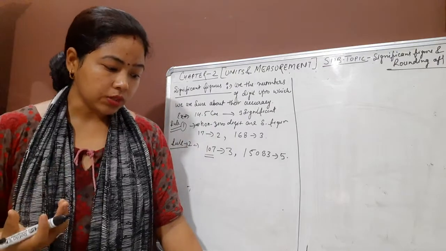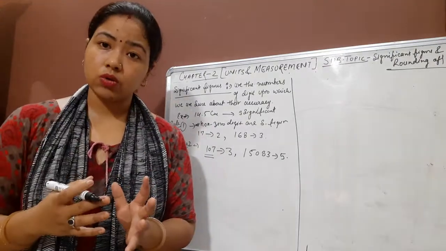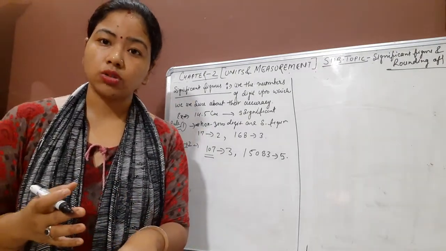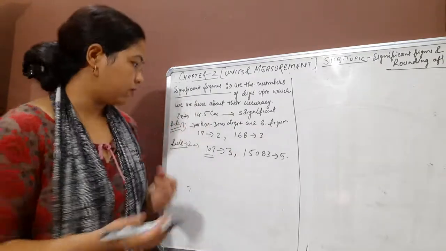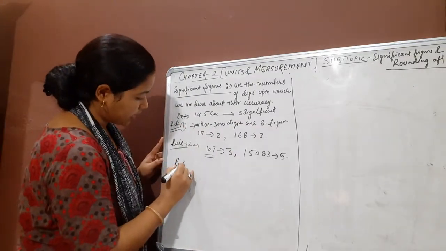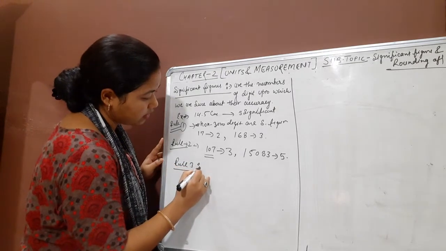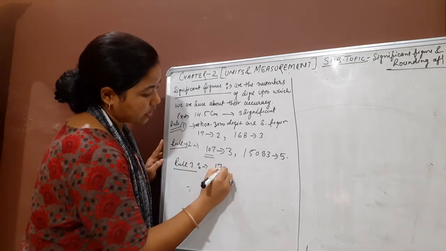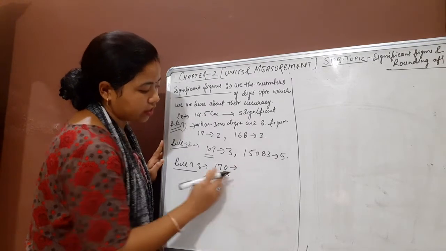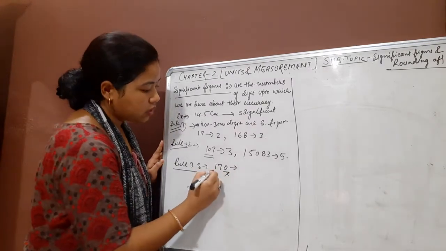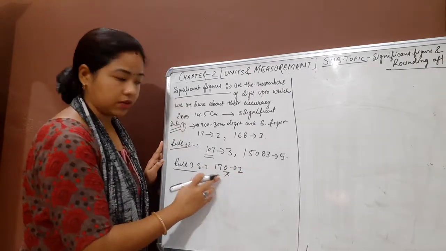Now the third rule: all zeros after the non-zero digits are not counted as significant figures. Rule number 3 says that if you have 170, in this quantity this 0 will not be counted as a significant figure. So these two values are the significant figures.